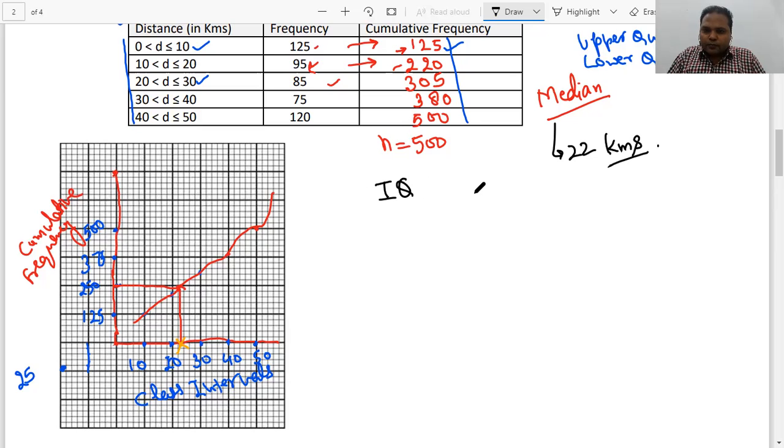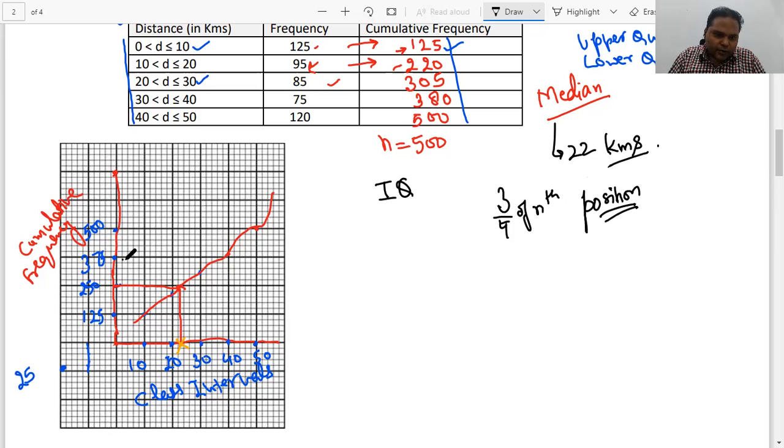So it's like 3/4 of nth, the 3/4 nth position is what we need to find out for the upper quartile. So that's 375.